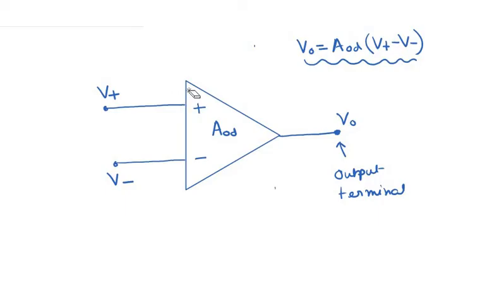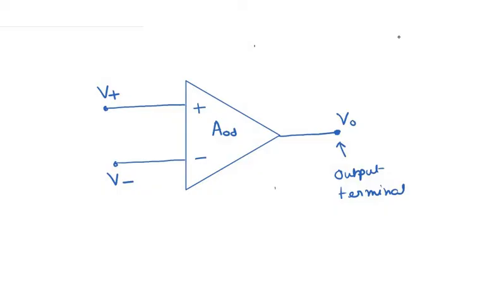So I am deleting these terminals here, but this does not mean the op amp is not connected to the biasing voltages, since for an op amp to be operational it must always be connected to them.